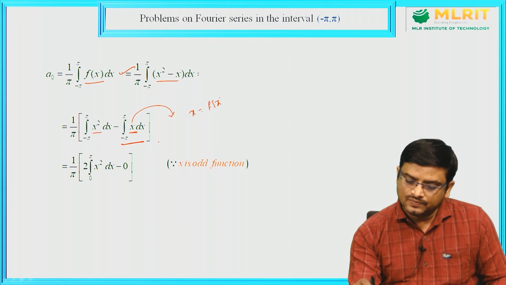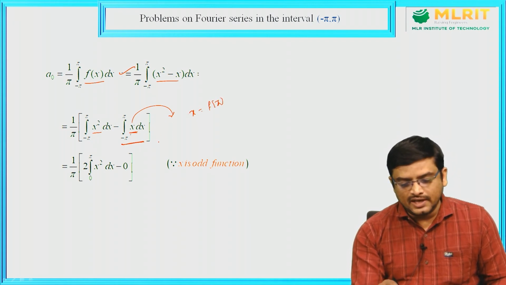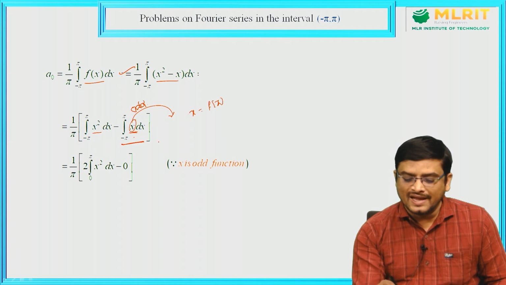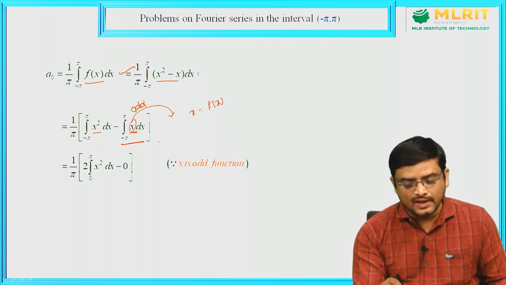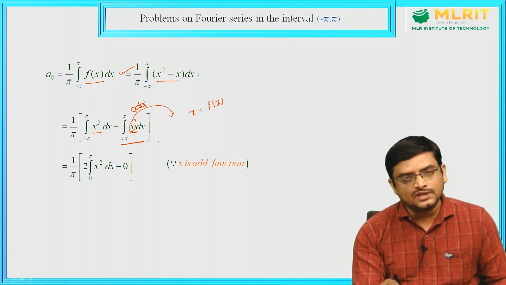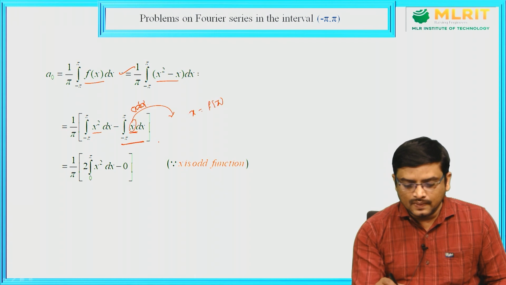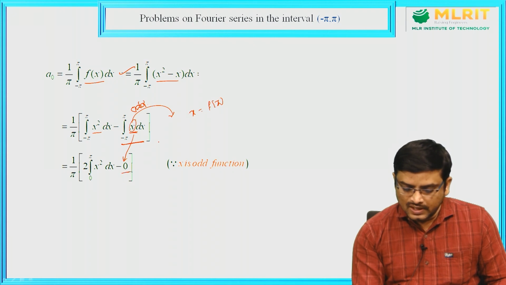Now check whether this function is even or odd. x is an odd function. Since this is an odd function, whenever we have an odd function inside the integral whose limits are minus pi to pi, or minus infinity to infinity, or minus a to a, then directly we can take that integral value as 0. That's why here we have taken 0.